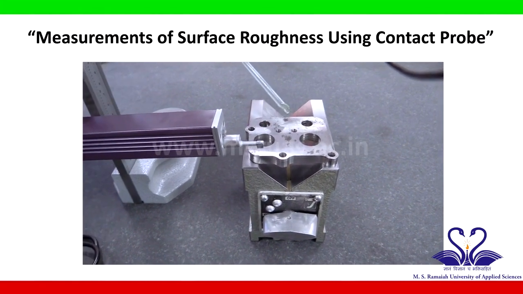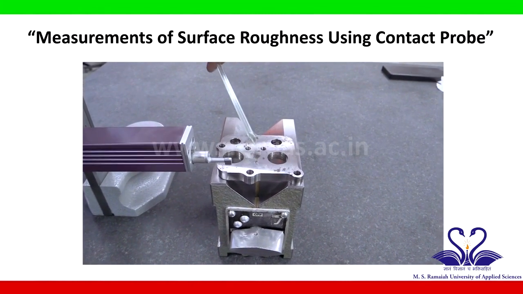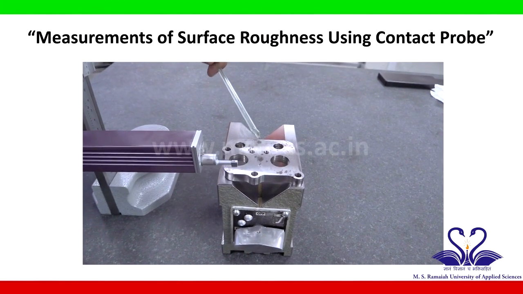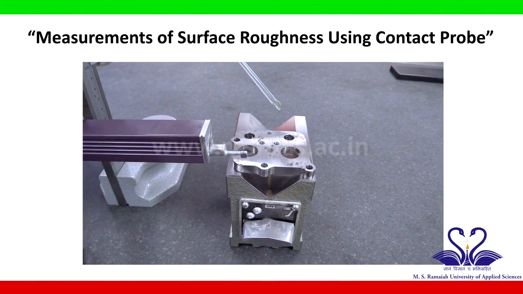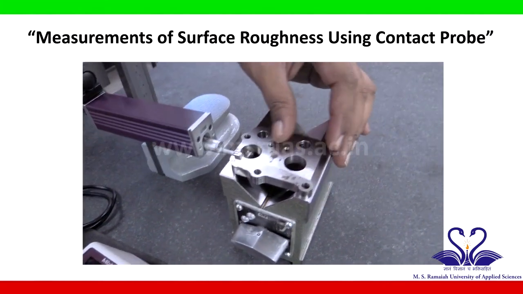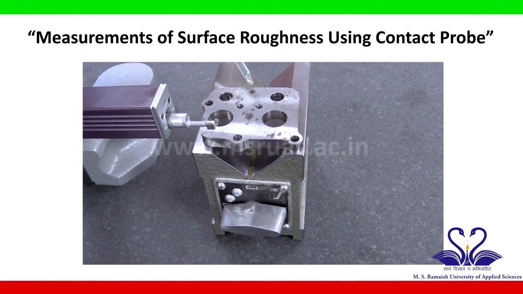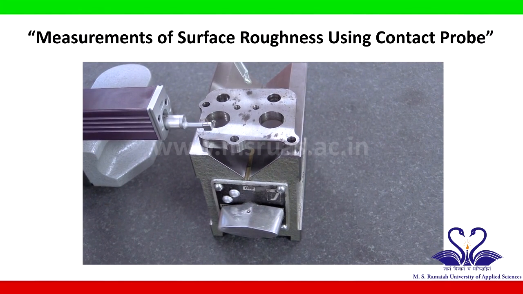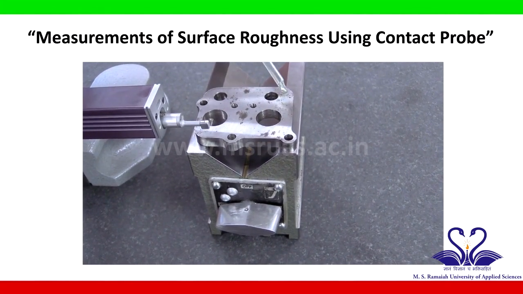This is a component which is milled, and one can identify the lay pattern. You can see the lay pattern if you look closely, or one can feel the lay pattern by hand. The expected RA for this milled part lies between 0.8 to 6.3 micrometers.